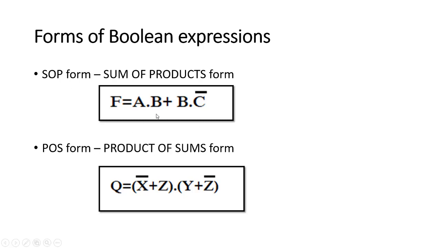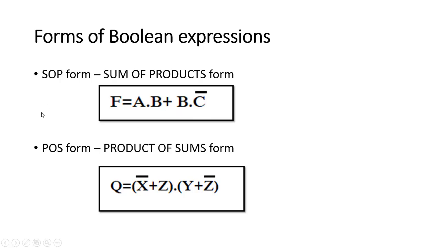Then what are standard Boolean expressions? You see that this expression or circuit has three input variables A, B, C. But here the variable C is missing and here the variable A is missing.